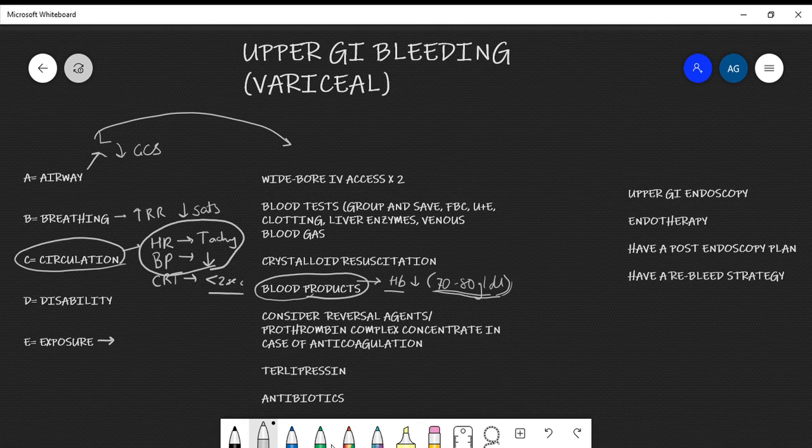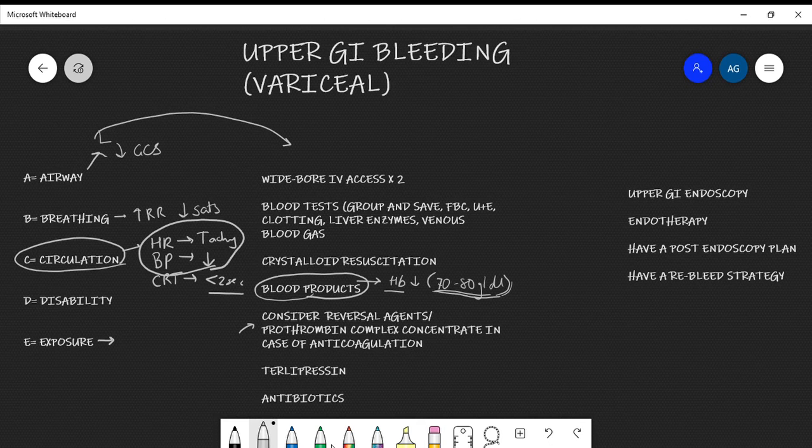Now, if your patient has been on any anticoagulation, like say they've been on warfarin or a direct anticoagulant, you will have to consider, especially in large volume bleeds, giving them a reversal agent, like say for example vitamin K in case of warfarin, prothrombin complex concentrate again in case of warfarin with major bleeds, or with direct anticoagulants, or a specific reversal agent if available for a specific direct anticoagulant.